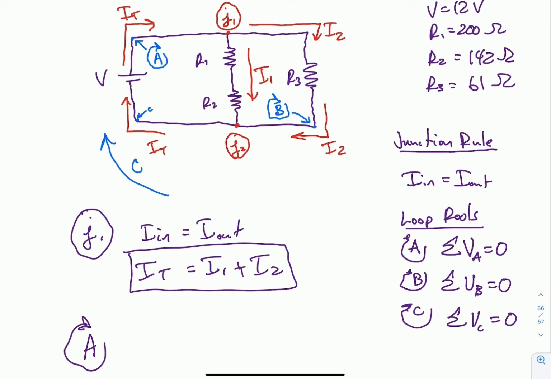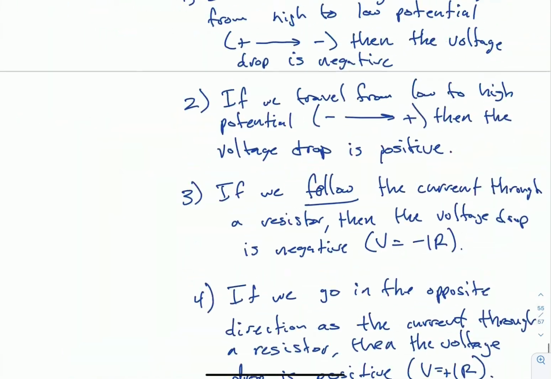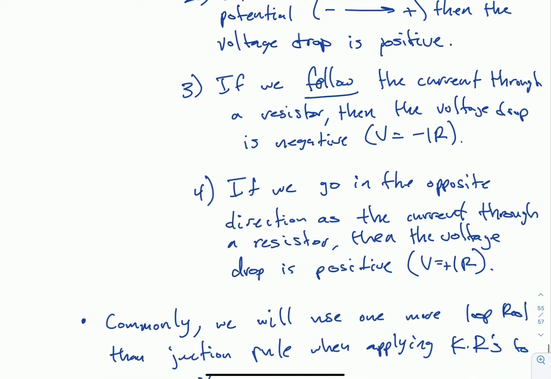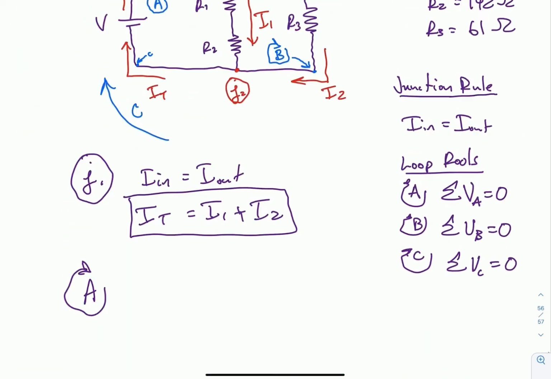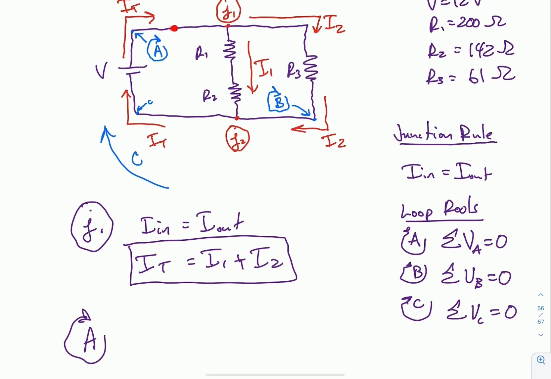And so looking at our conventions from the previous video, we see that if we follow the current through a resistor, then the voltage drop is negative. So I'm going to show this in little steps. So we're following the current. We're going in the same direction as I1 through R1 and then through R2. So both of these will be negative.